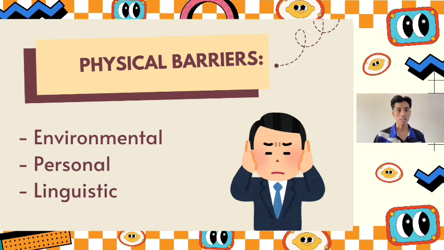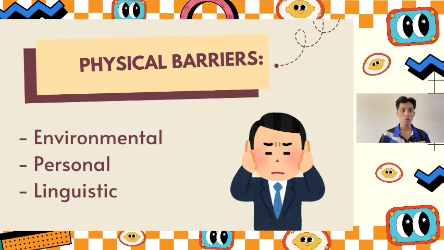So, examples. This is very common. Loud noises, construction works, traffic, a crowded room, or even a noisy air conditioner can make it difficult to hear the speaker clearly. Another example, poor acoustics.